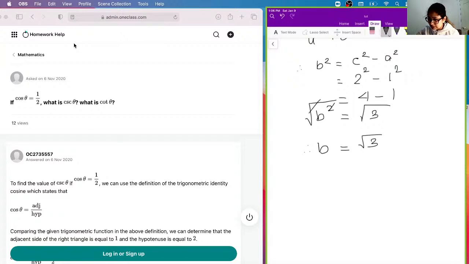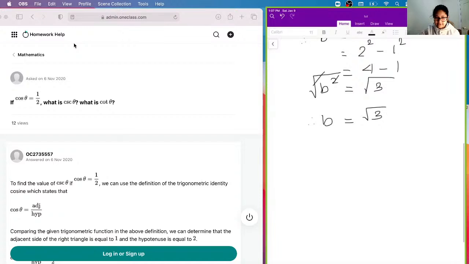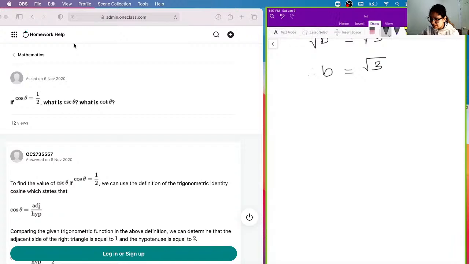And so now, using the definition of sine, we have to use sine in this case to find cosecant. If you guys recall, cosecant is the reciprocal of the sine function. So let's find the ratio for sine. Sine theta, if you guys recall, is opposite over hypotenuse, right?